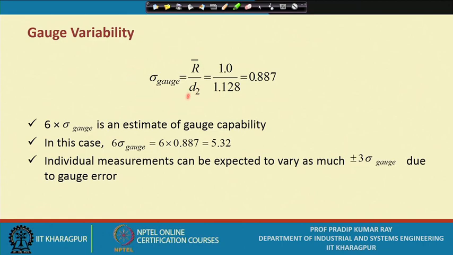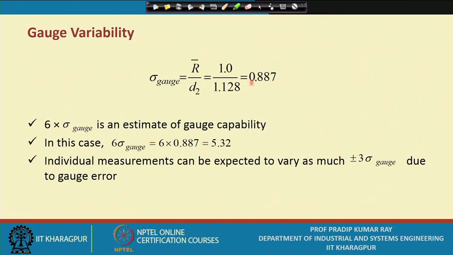These expressions we already derived when we discussed the R and X bar control charts. This d2 is a function of the sample size, and here the sample size is 2. Please note that n equals 2, and you refer to the control chart factor table. Against n equals 2, you get the value of d2 as 1.128.